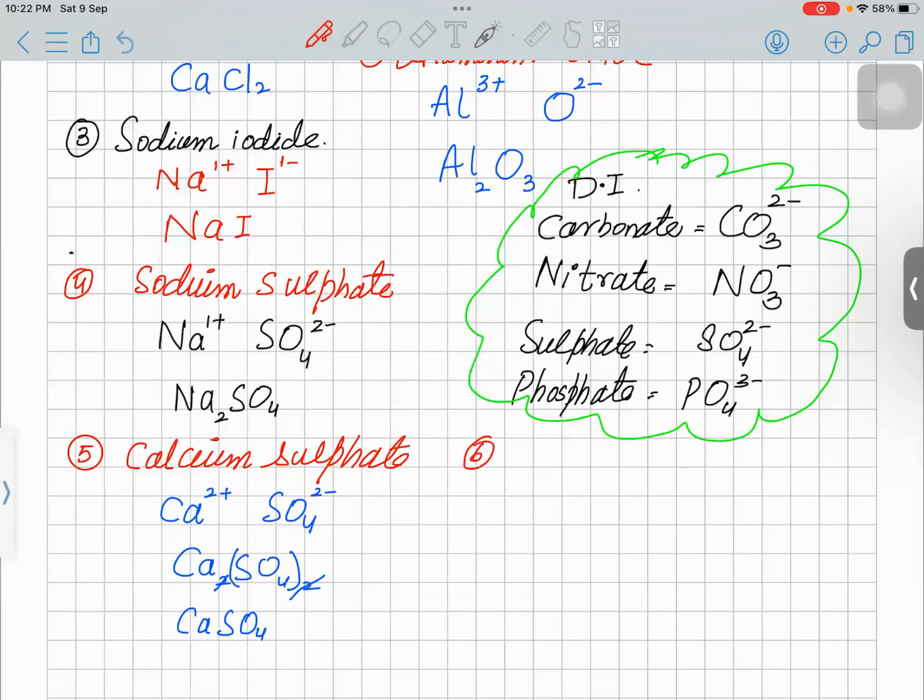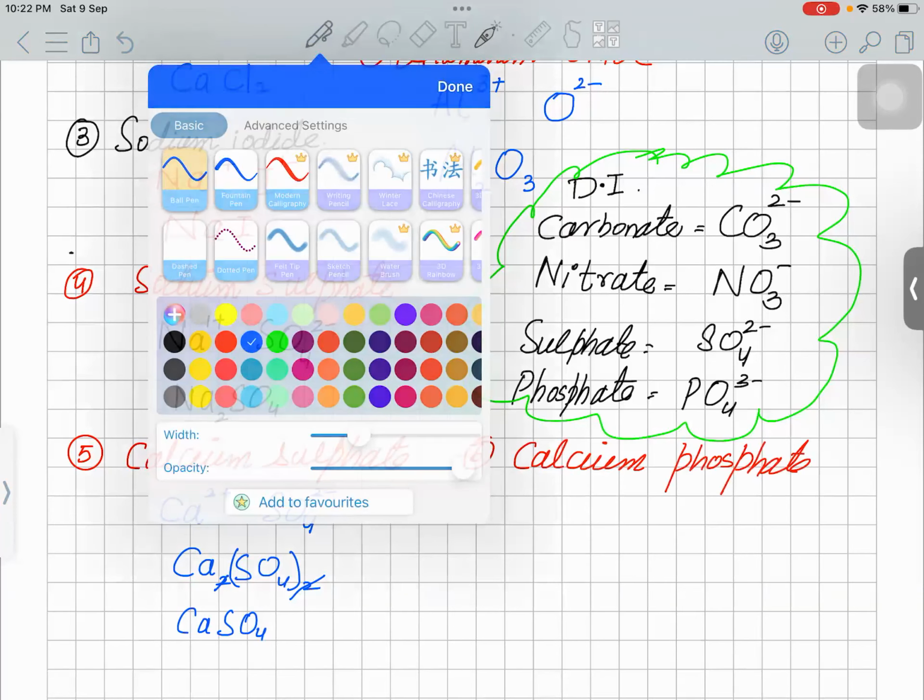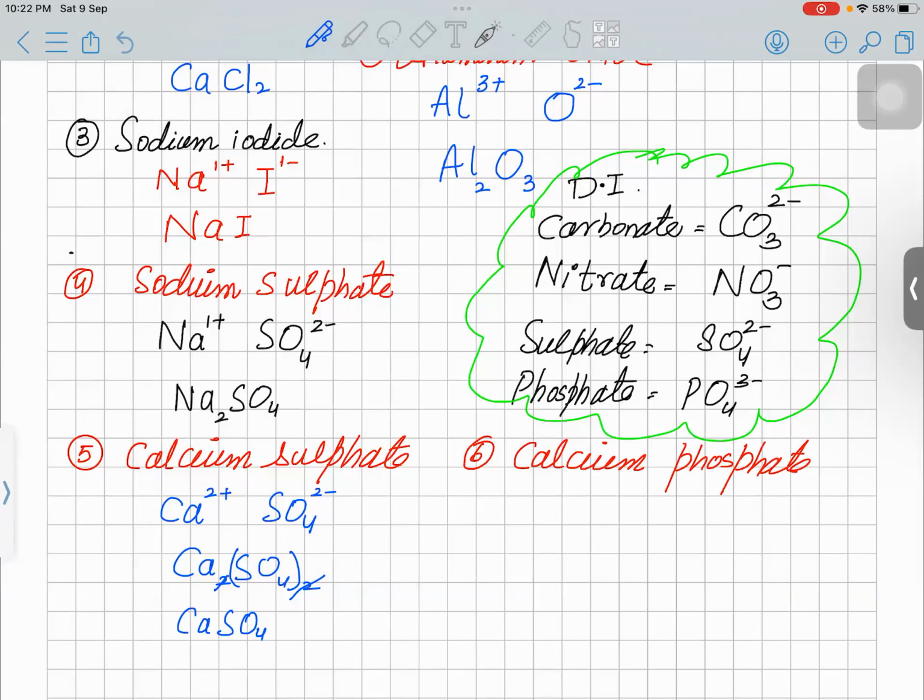Question number 6 is calcium phosphate. Sir, calcium phosphate is Ca and then P. The charge of calcium is 2 plus.